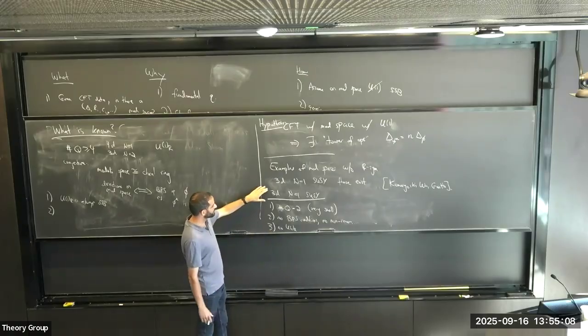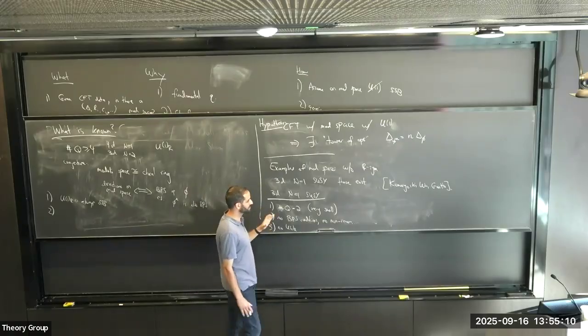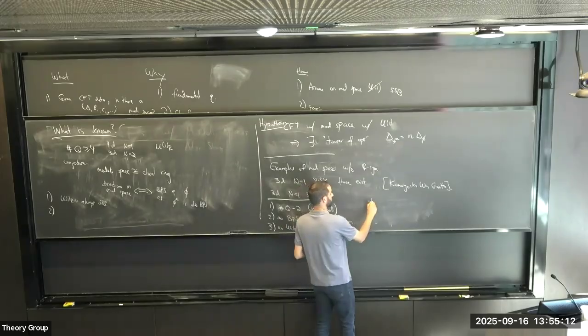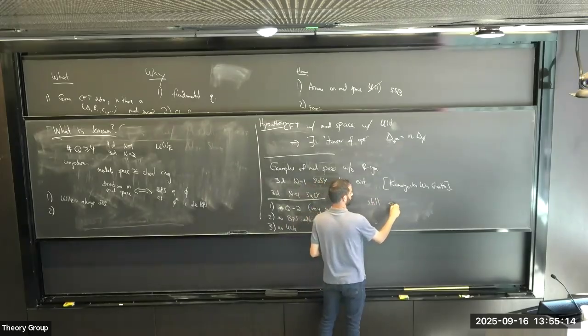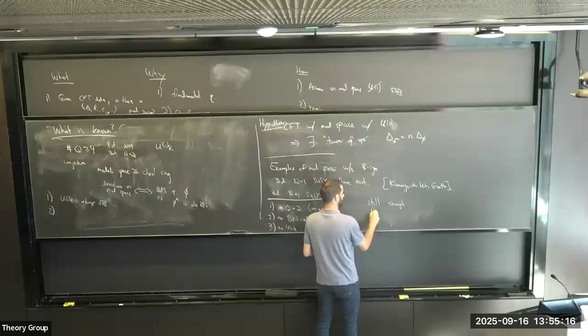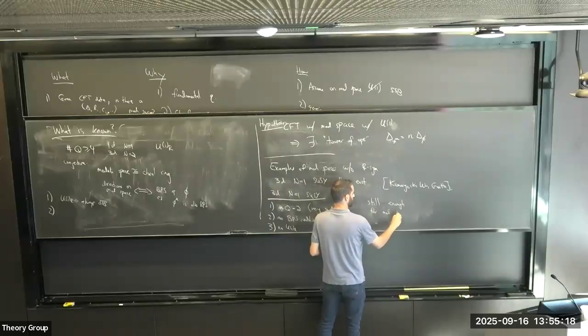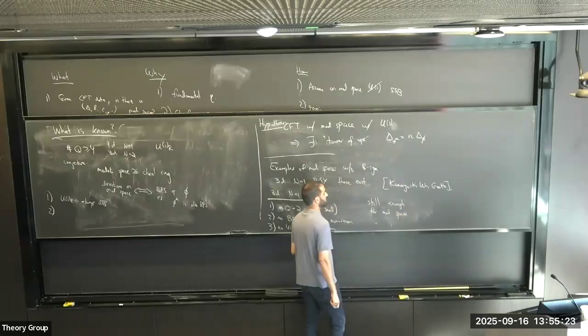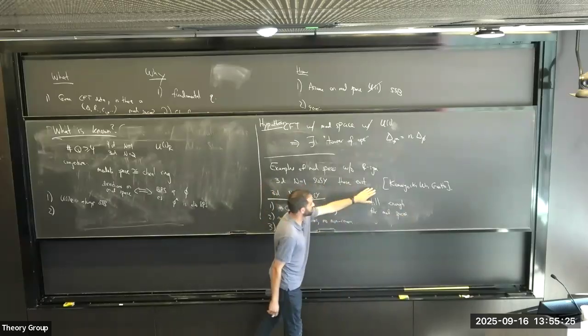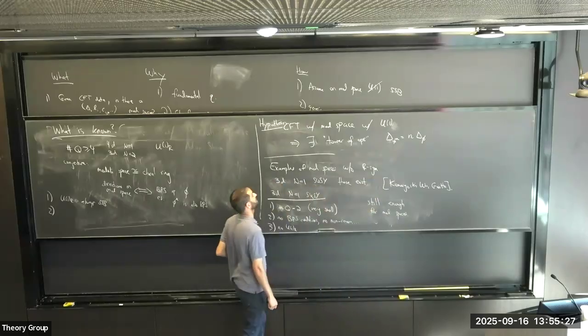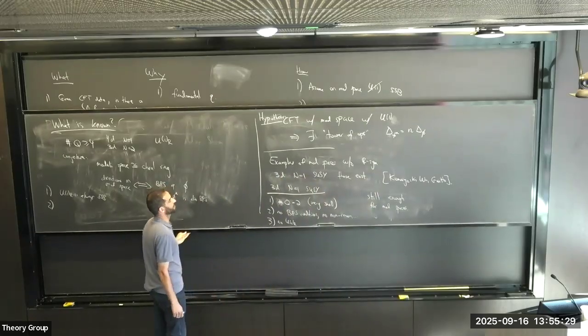But it turns out that even this small amount of supersymmetry is enough to protect moduli spaces. This has been known for a while, way before this paper, but this paper gave a nice review of how this happens. So let me explain how that happens.